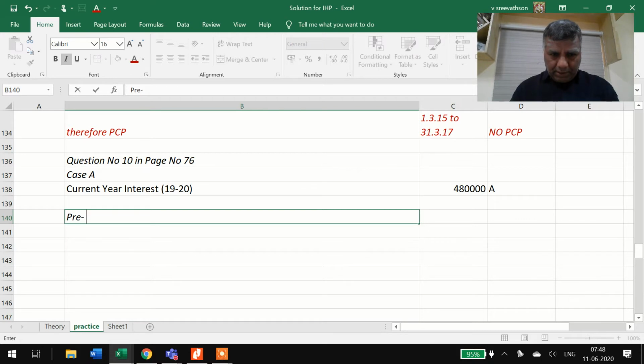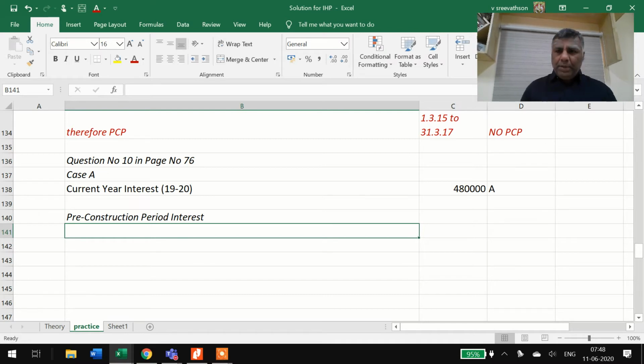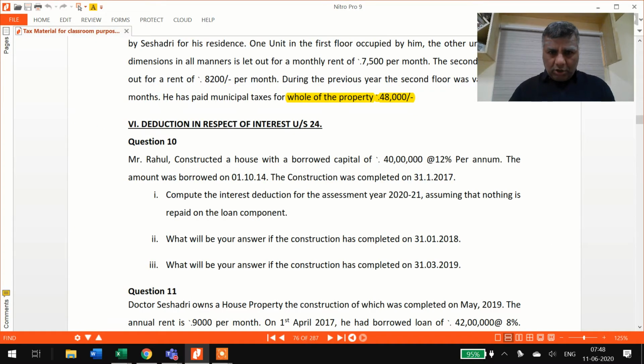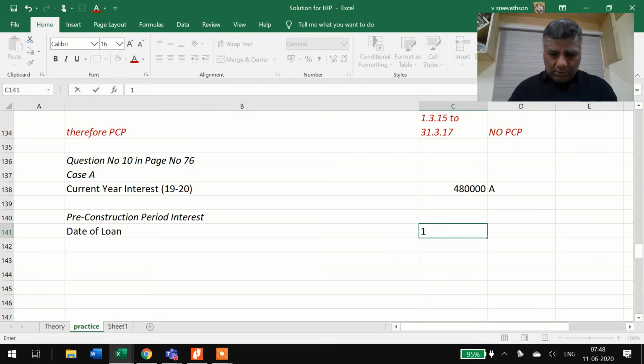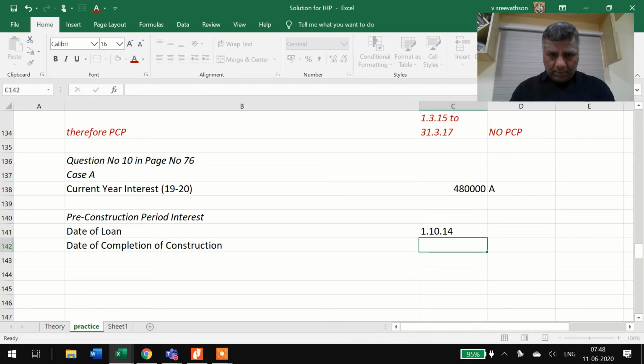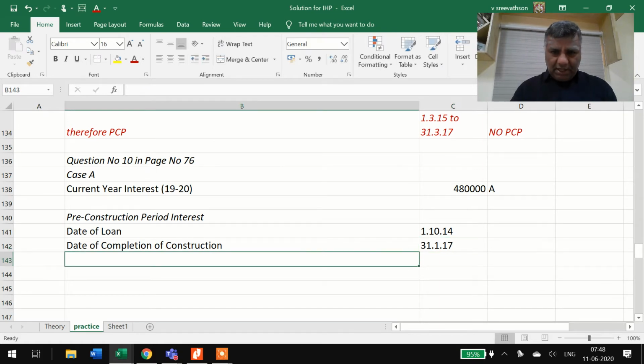Pre-construction period interest, PCP interest. Date of loan 1/10/2014, date of completion of construction 31/1/17.